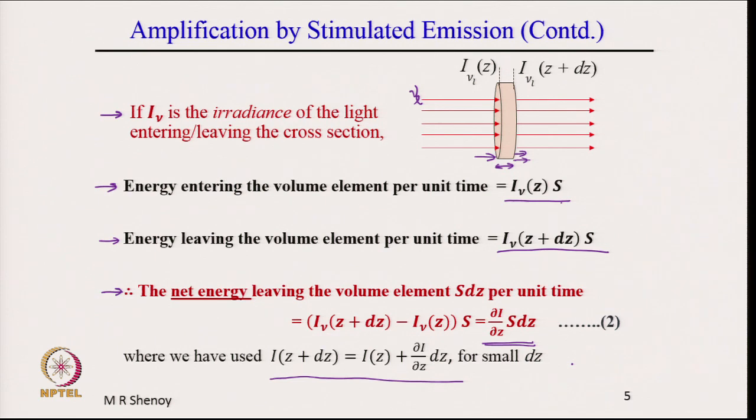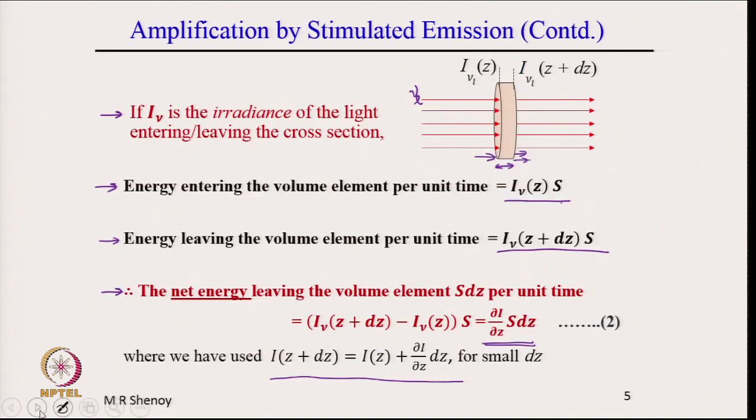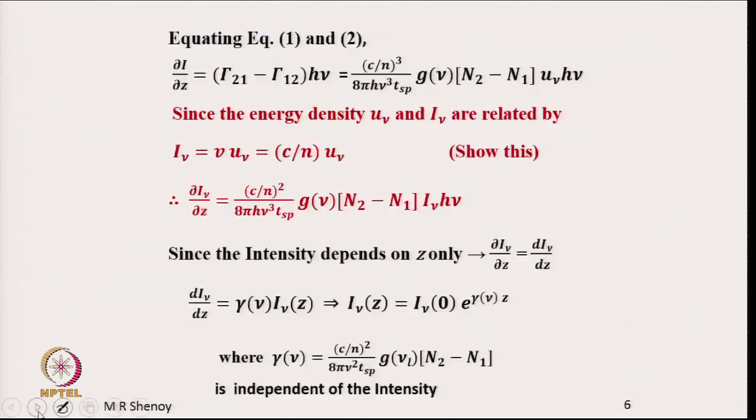Now, in the previous slide we have the net amount of energy generated given by this expression in terms of the rates of emission and absorption. Now, we are saying that it is also equal to delta I by delta z into S dz, provided I is the intensity.